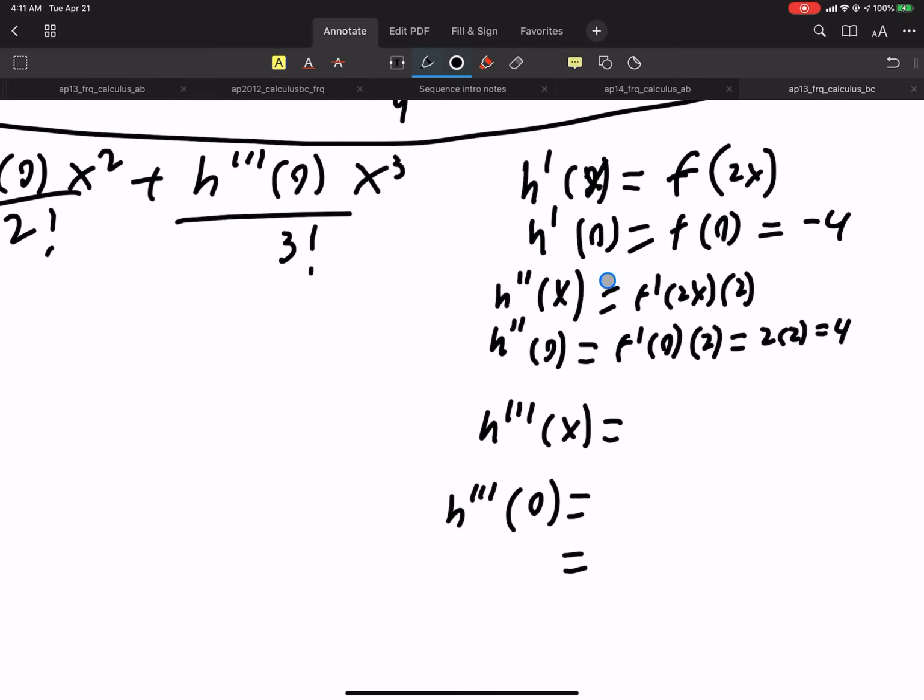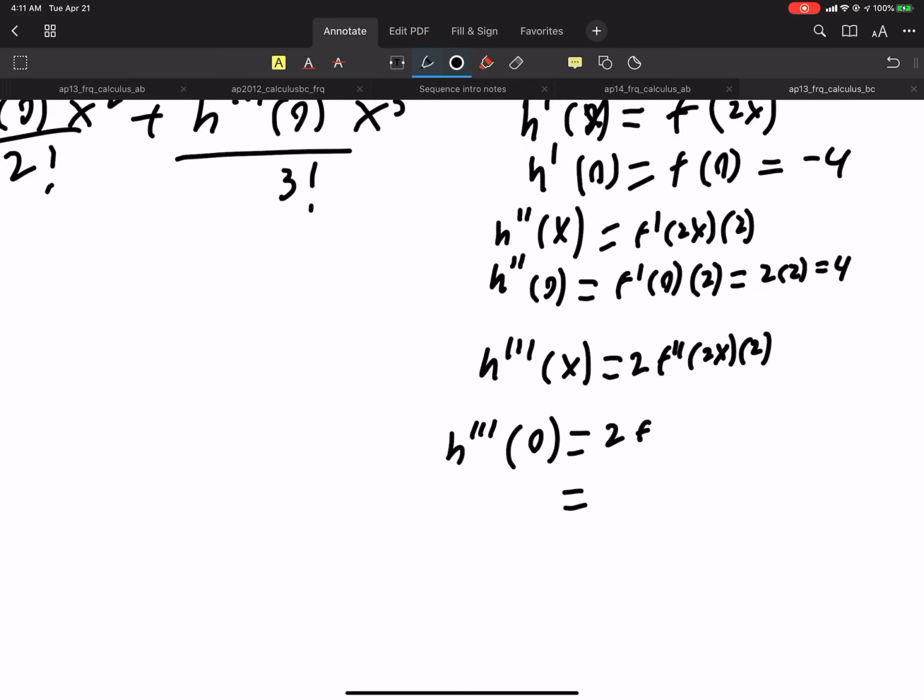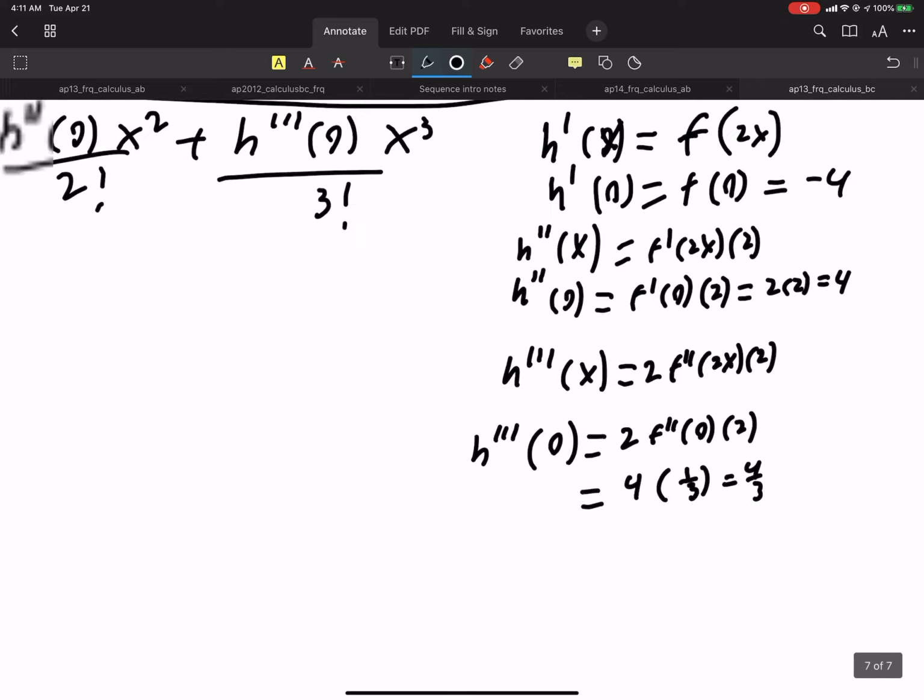And then we're taking the derivative of that, so the 2 is copied. The derivative of f prime of box would be f double prime of box times the derivative of box, which is 2. And we want that at 0, it would be 2 f double prime at 0 times 2. It's 4 times f double prime of 0. F double prime of 0 we found earlier as 1/3. So that's going to be 4/3.